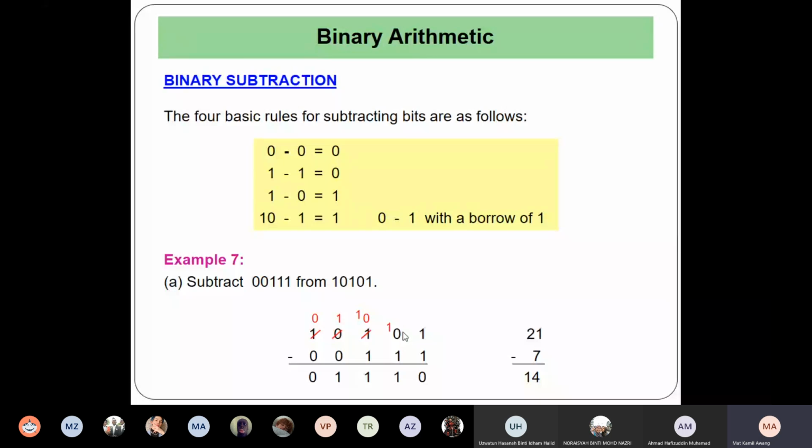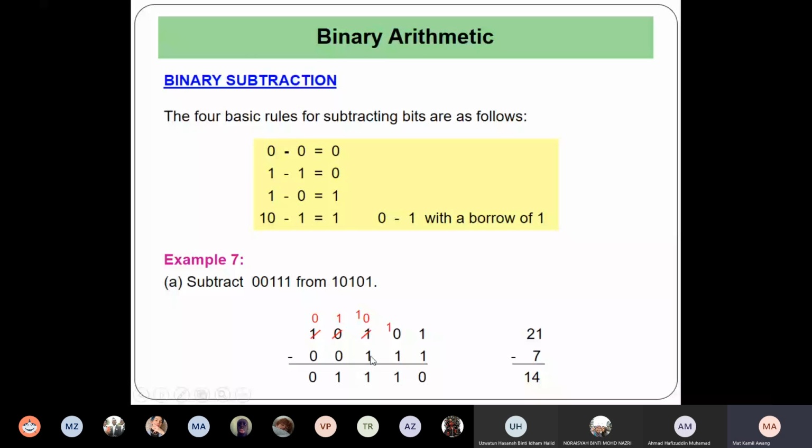So 10 subtract 1. Now this actually becomes 10 because you borrowed 1. So 10 subtract 1 is 1. Here from this, it is now 0.